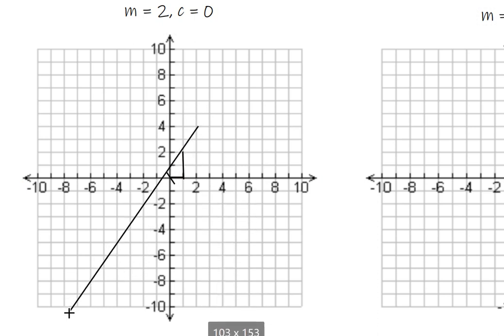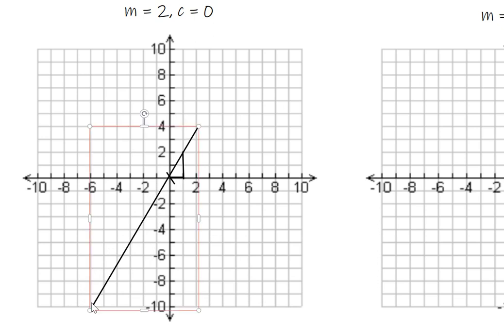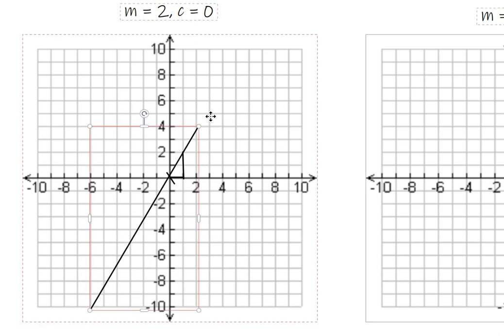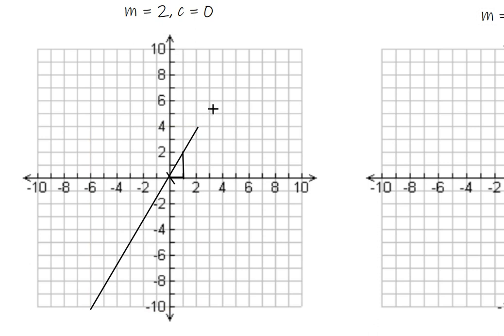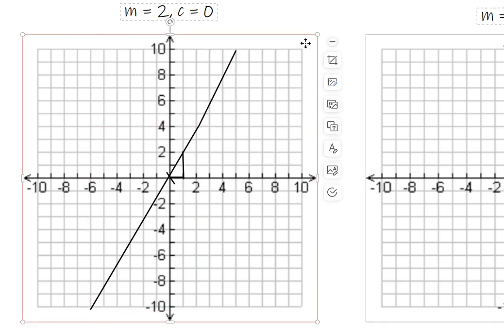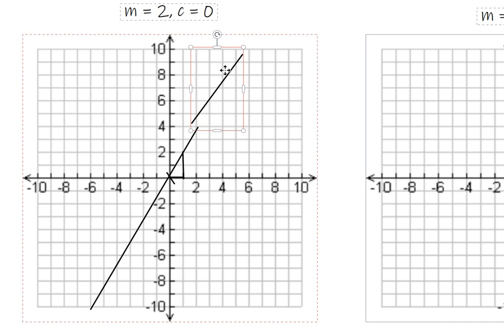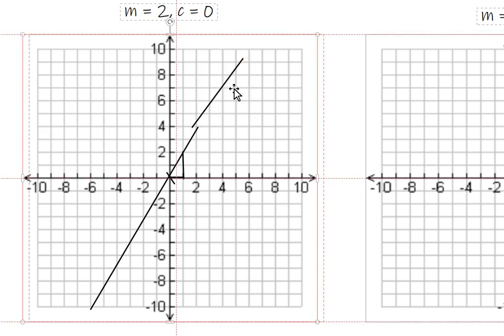Let's just extend it this way. Sorry about that, it's a bit wiggly.